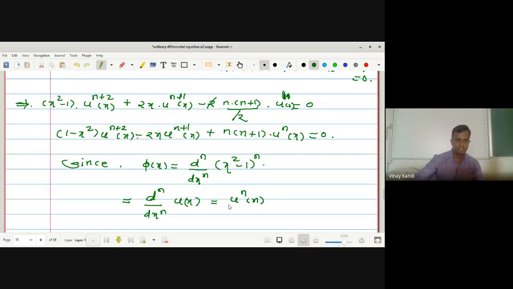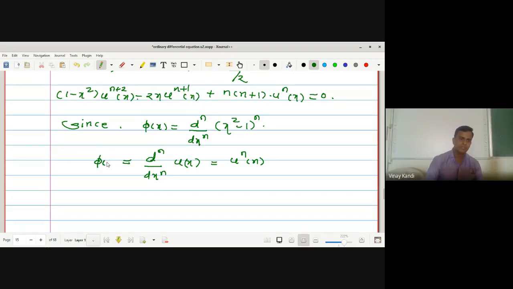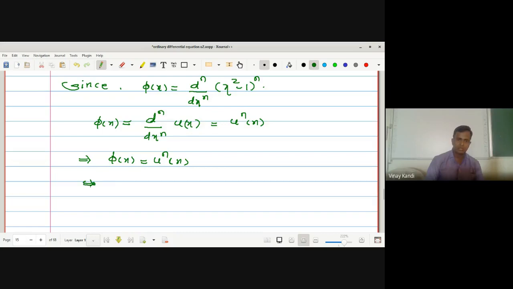So this is phi of x. That is phi of x is equal to u raised to n of x. Now differentiate this one. Then we get phi dash of x is equal to u raised to n plus 1 of x. Phi double dash of x is equal to u raised to n plus 2 of x.